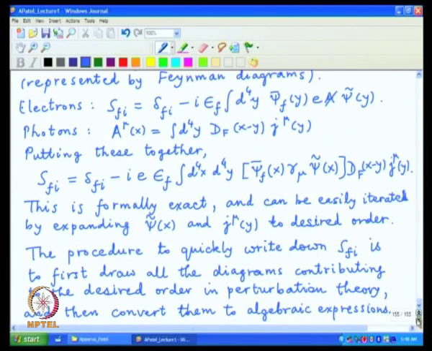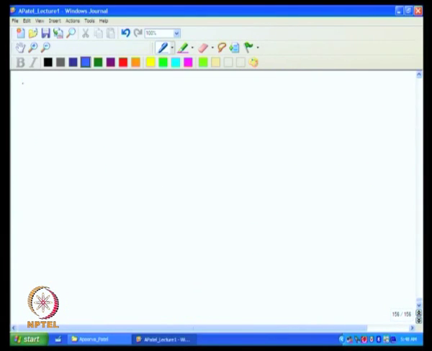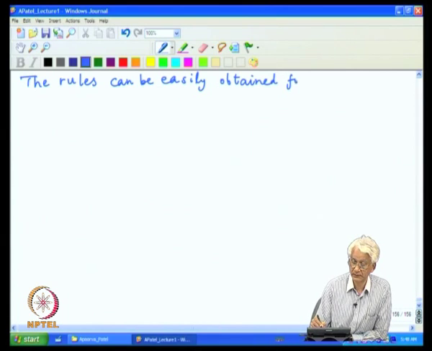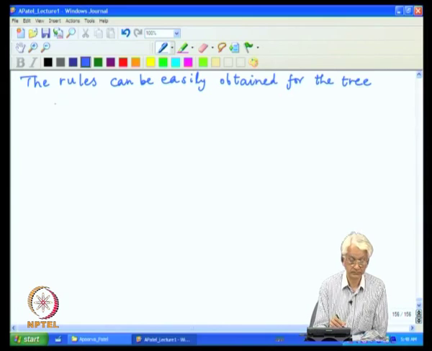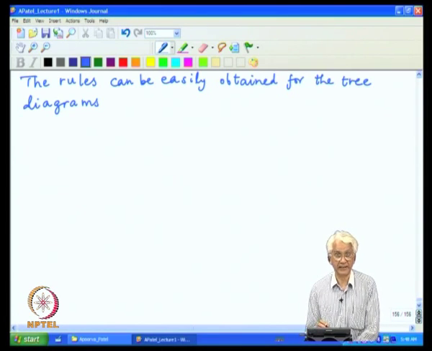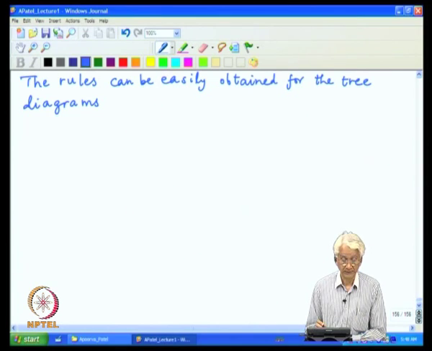So, the rules can be easily obtained for the tree diagrams, where the tree diagram refers to a topology of this space time picture.